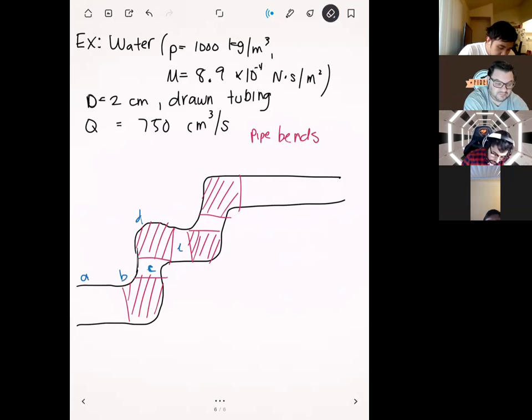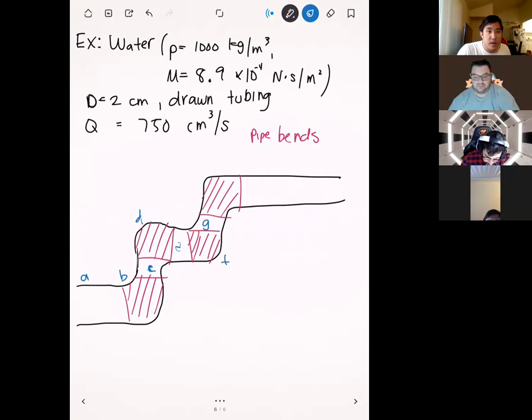E is going to be this straight section right here. F is going to be this next pipe bend right here. G is going to be this straight section of pipe right here. H is going to be this pipe bend. And then I is going to be this final straight section.